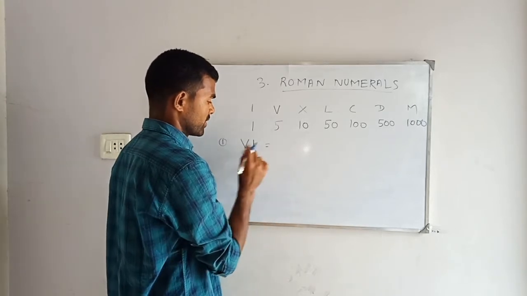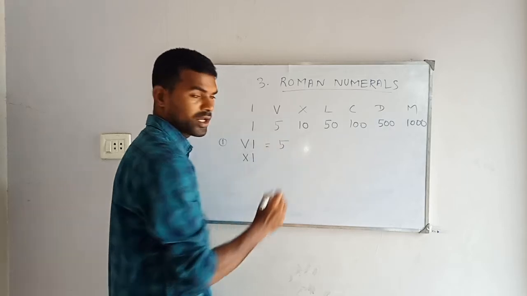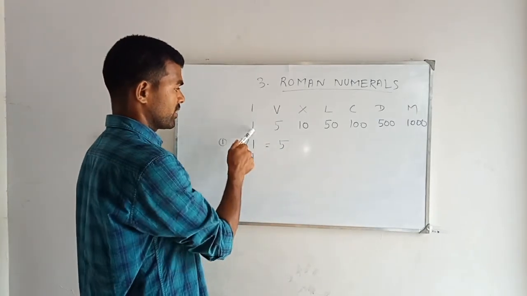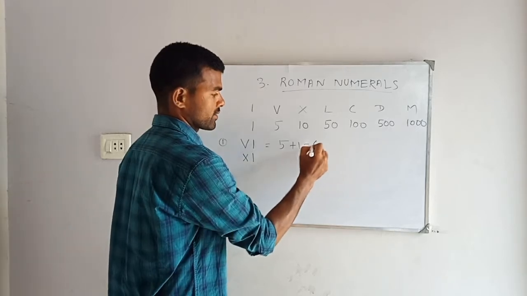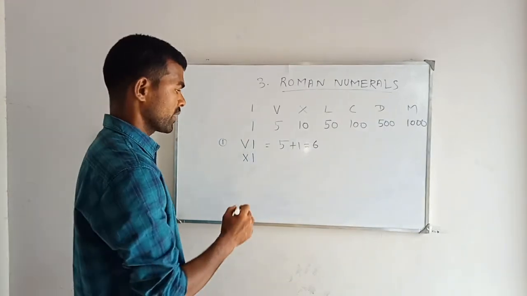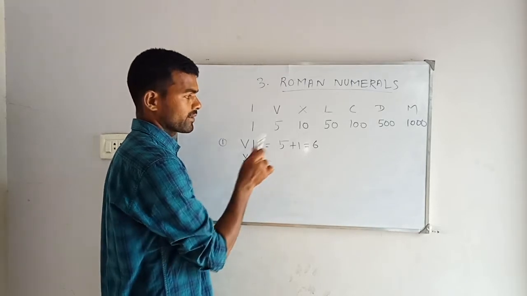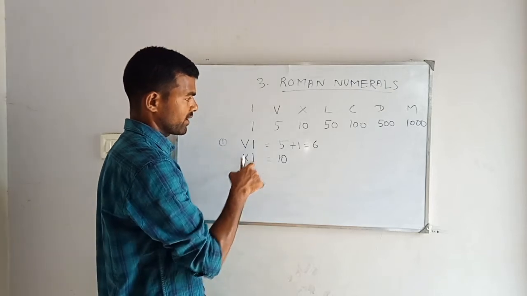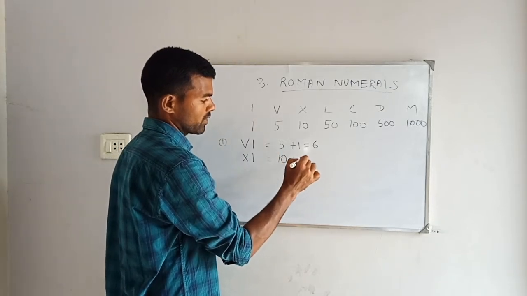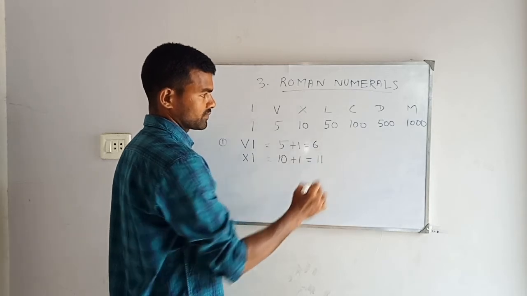That means V is how much? V value is 5 and I value is 1. 5 plus 1 is how much? 6. And next we have X and I. What is the value of X? X is 10 and I is 1. 10 plus 1 is 11.